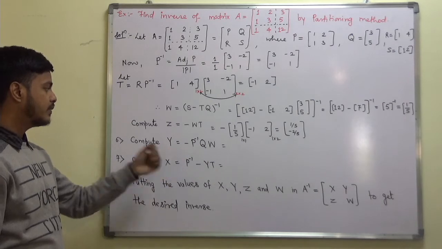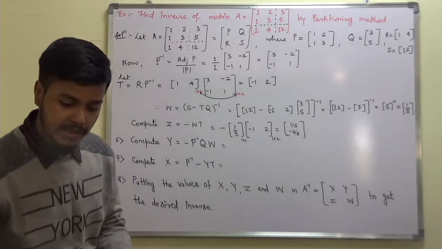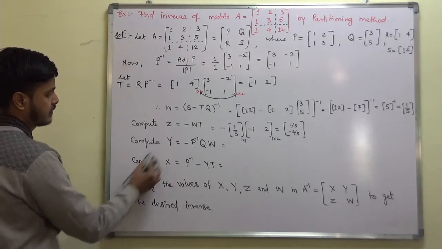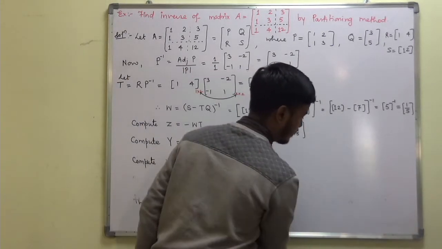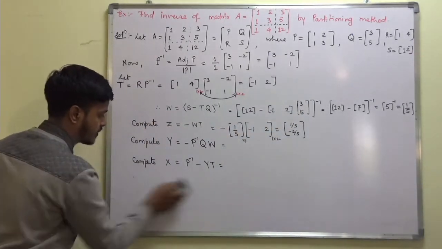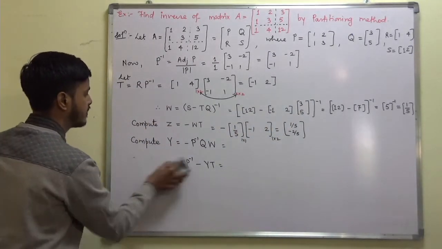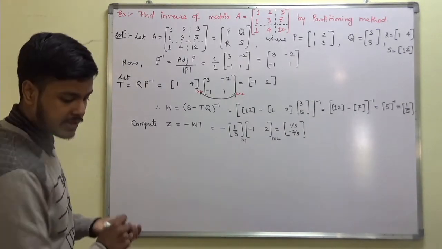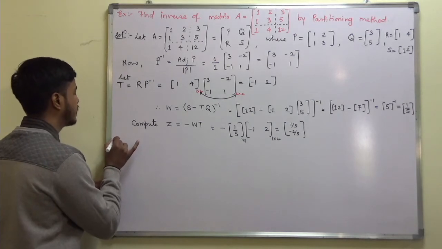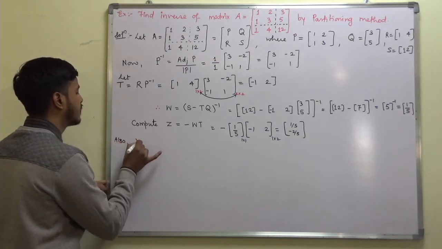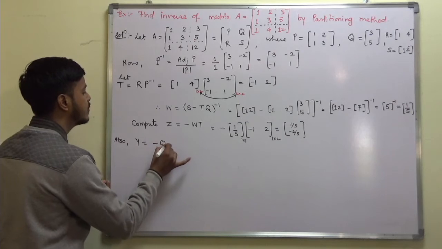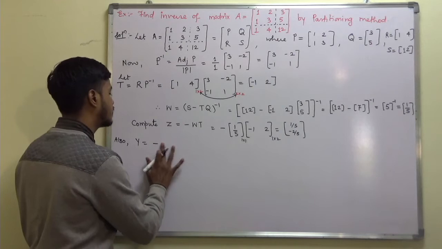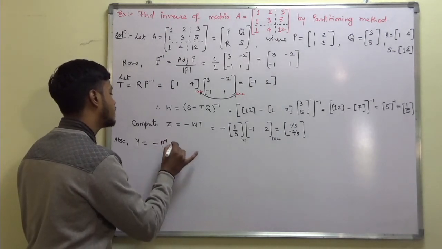Y is equal to, next we have to find out this. So what do we have to compute here? First we will compute this Y is equal to minus P inverse QW.